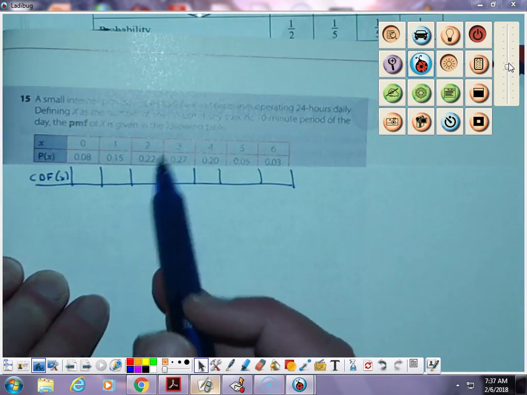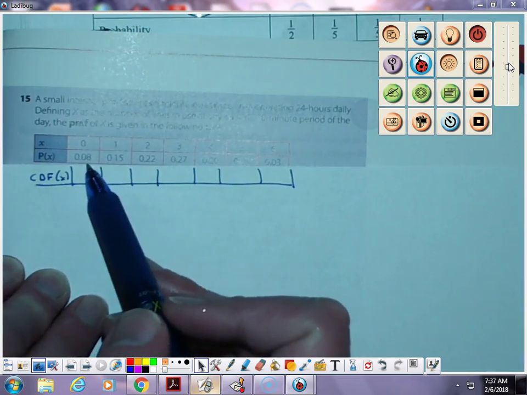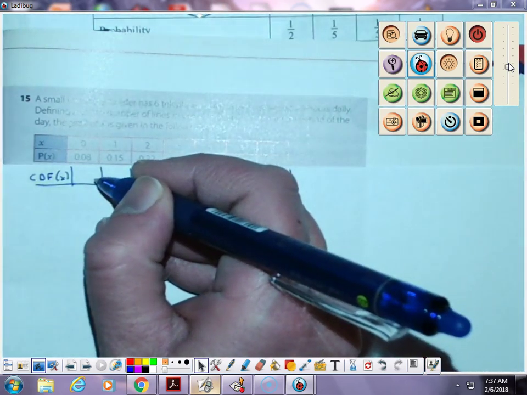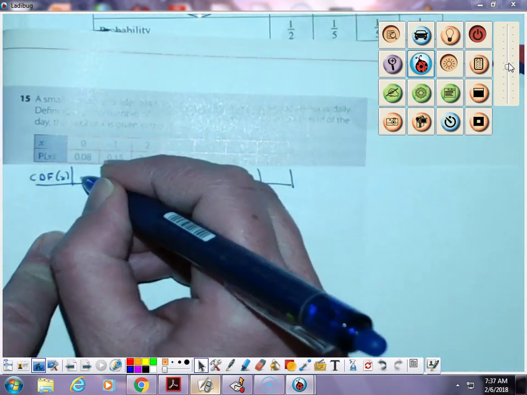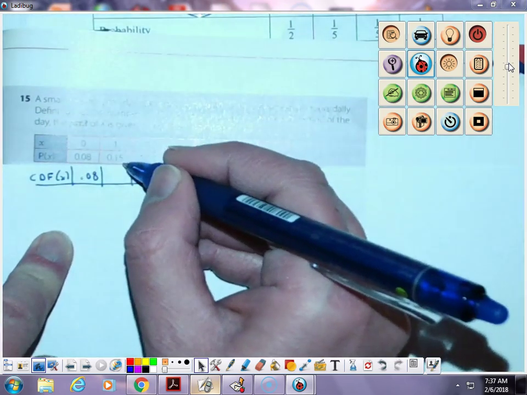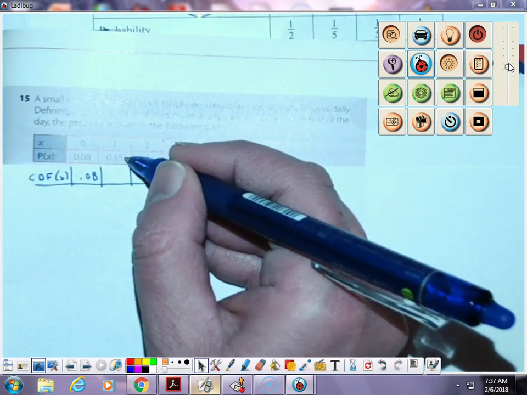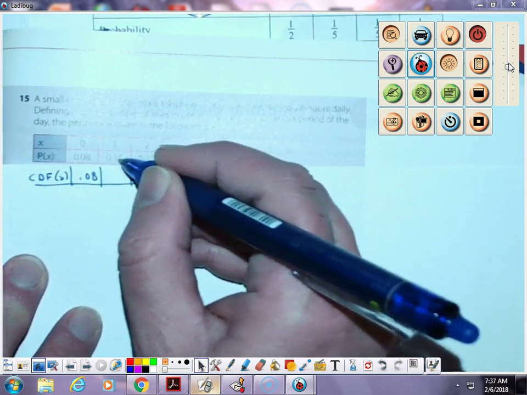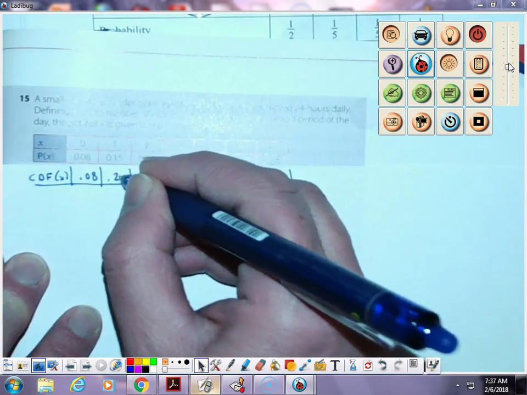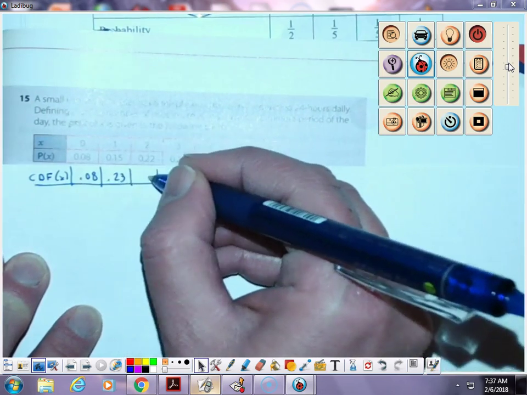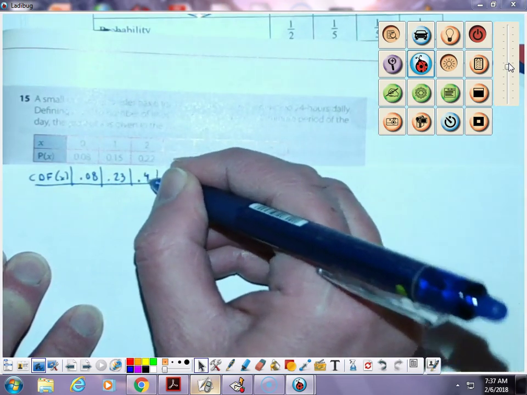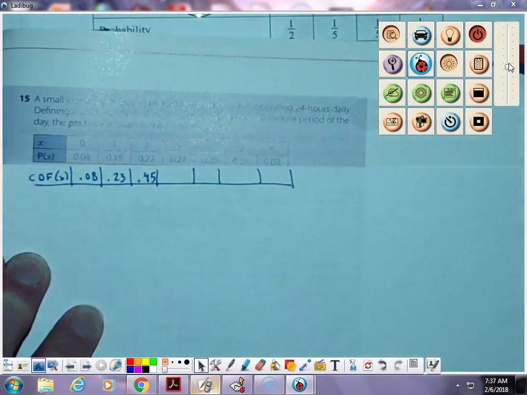Hey, there's Seth. Okay, well what you do is, the probability of 0 is 0.08, so the probability that you're less than or equal to 0 is, oh dear, Micah, the light went out. All right, then the probability that you're less than or equal to 1, you just add these two. So, what is that? 0.23. And then the probability that it's 2 or less, you add all 3 of these, and so on.